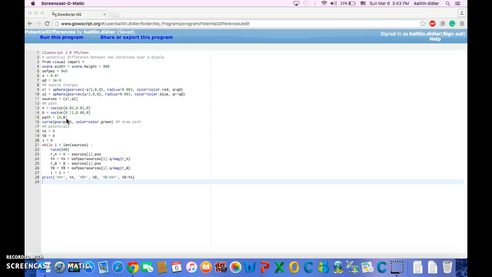So when we take the potential difference, we're going to do B minus A because it's final minus initial.